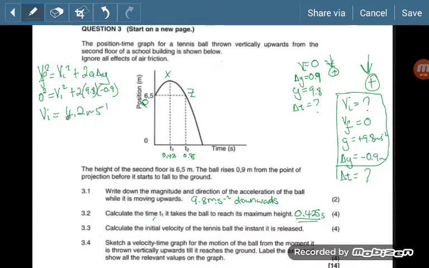Remember, it's upwards, so it's going to be 4,2 meters per second upwards. That is the initial velocity of the tennis ball, 4,2 meters per second upwards.